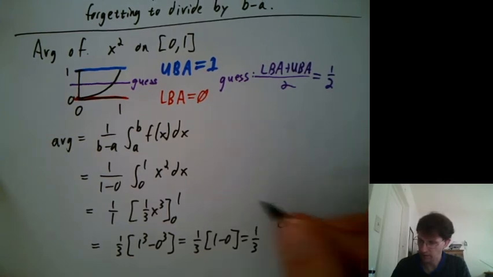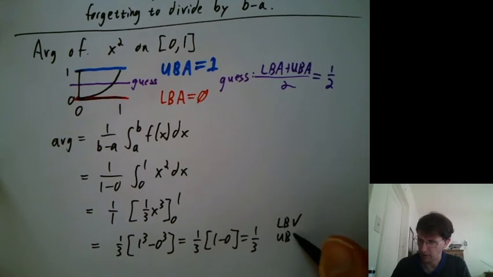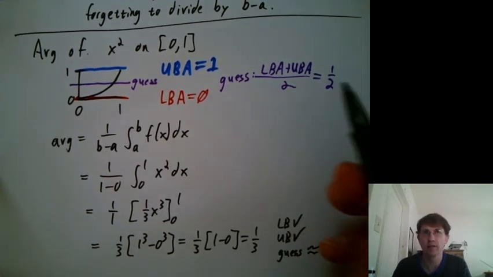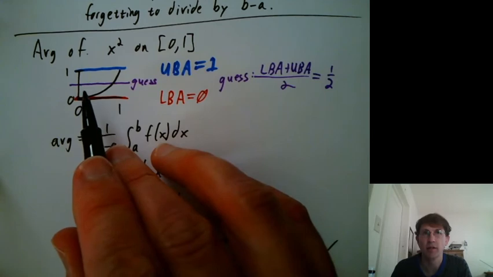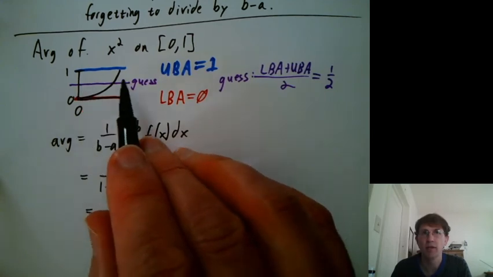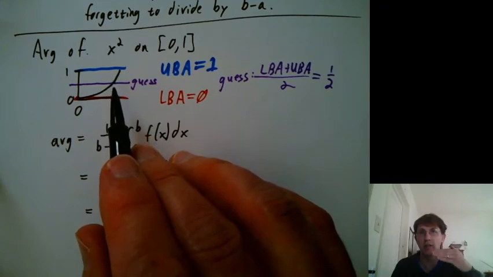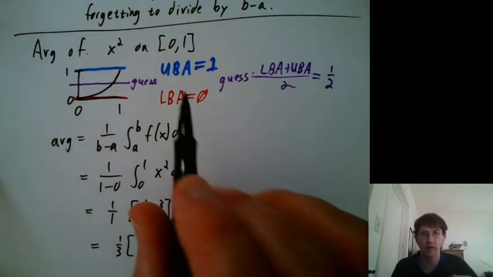Well, it's above my lower bound, it's below my upper bound, and it's roughly equal to the guess. It's a little bit lower than the guess. Does that kind of make sense? Since we're spending more time below 1/2 than above 1/2, you would expect that the average would get pulled down, and we don't have any extreme outlier data points.